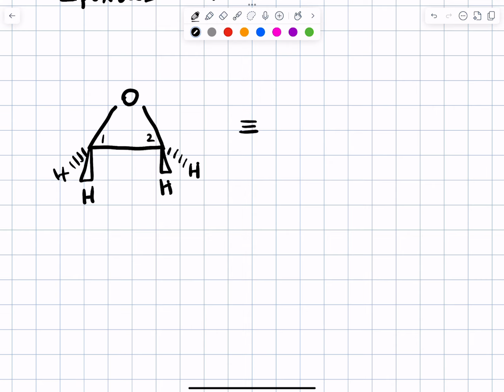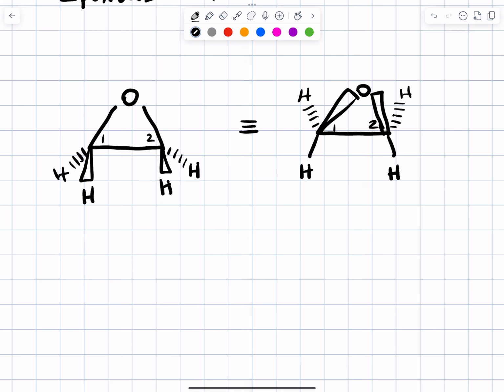If you wanted to, you could also draw this same epoxide where the 3-membered ring containing the oxygen is tipped up out of the page. One of the hydrogens is angled down into the page as a wedge, and then the other hydrogens are here in the plane of the page. From time to time, it'll be convenient to draw epoxides in either of these 2 ways, and doing so is generally fine.